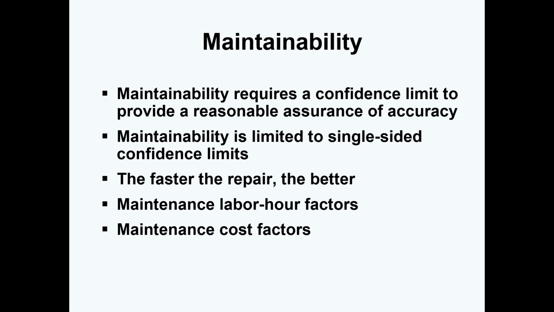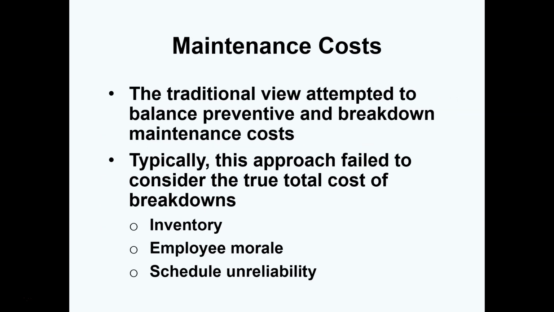Maintenance will involve labor hours and cost factors. There should be a balance between preventive and corrective maintenance. You need to perform preventive maintenance to protect the system from breakdown or a major failure, but at the same time, performing maintenance too often might cost a lot.